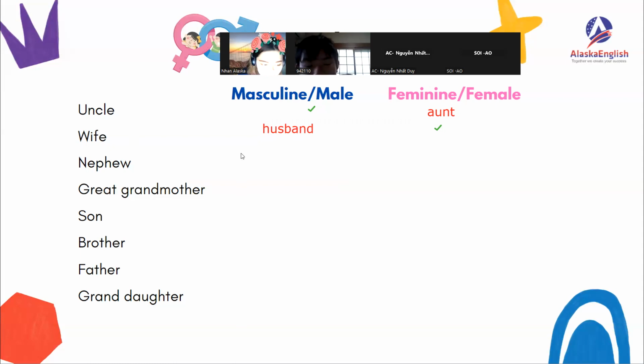Nephew. Is it male or female? Nephew is male, right?